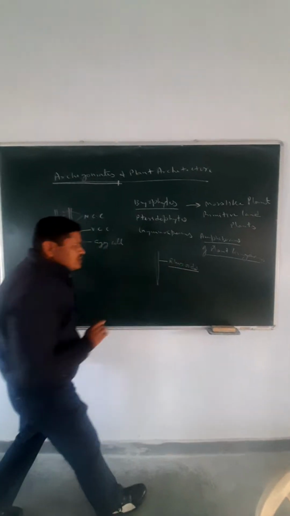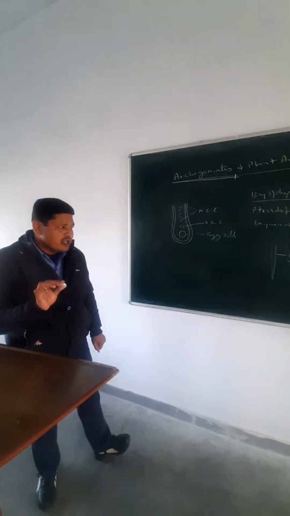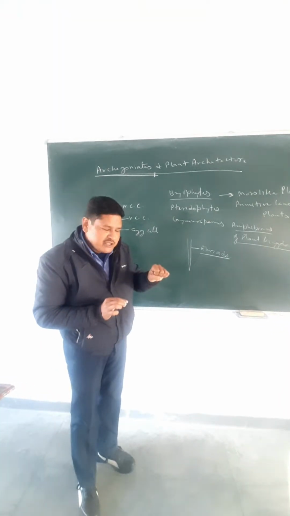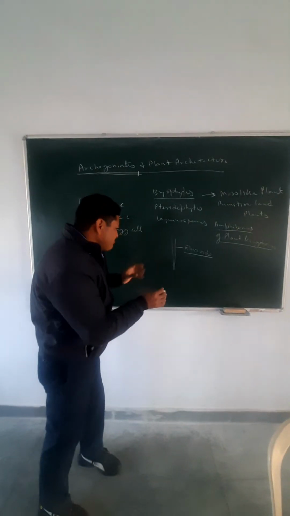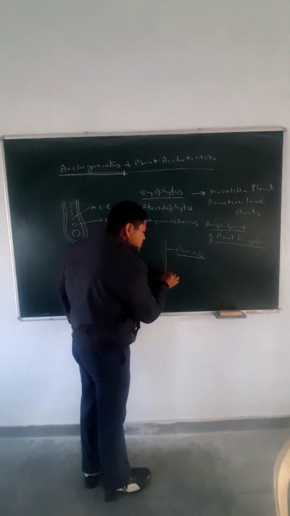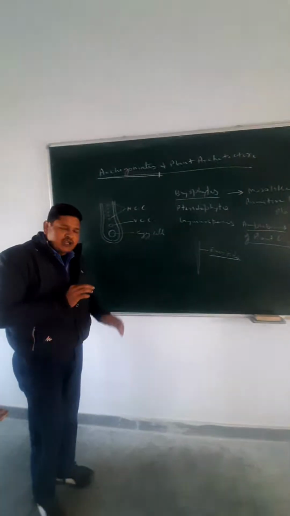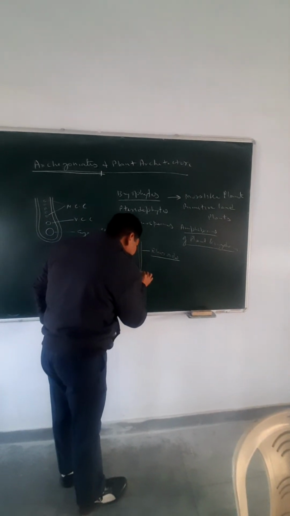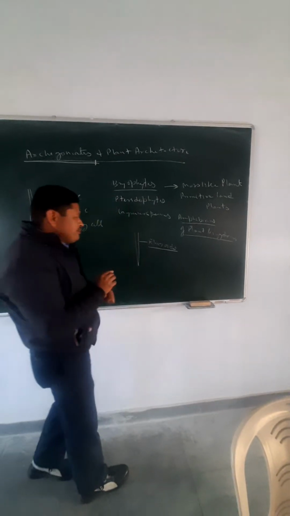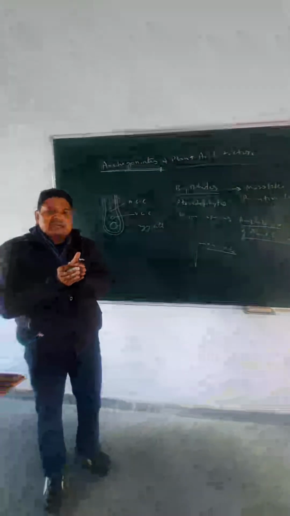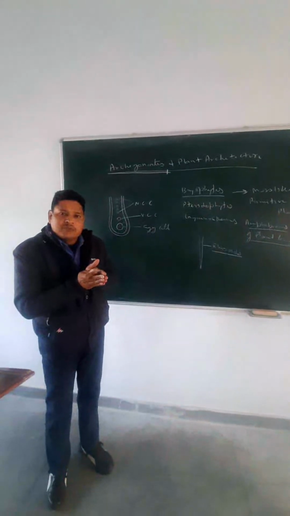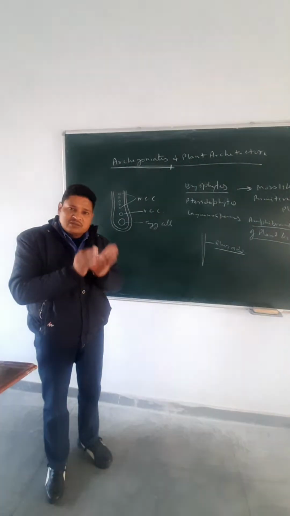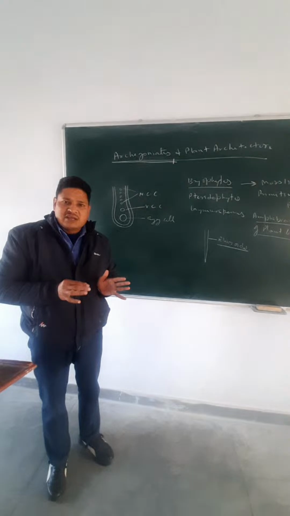The main function of the rhizoid is to help in the anchorage of the plant to the substratum, as well as to help in the absorption of water and minerals from the soil. Besides, they are slightly multicellular. The plant body of a bryophyte is the prothallus, or simply a thallus-like plant body.